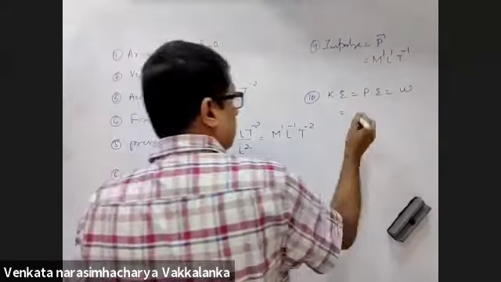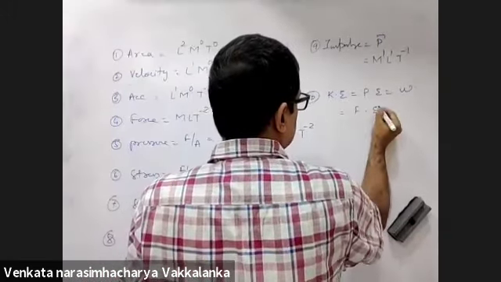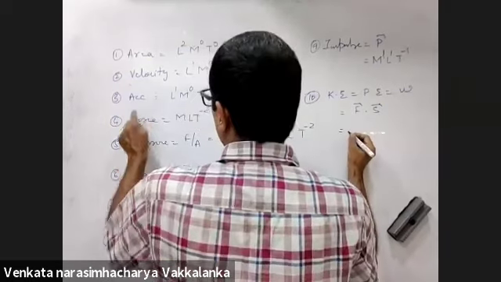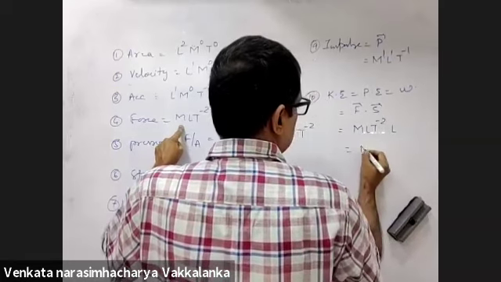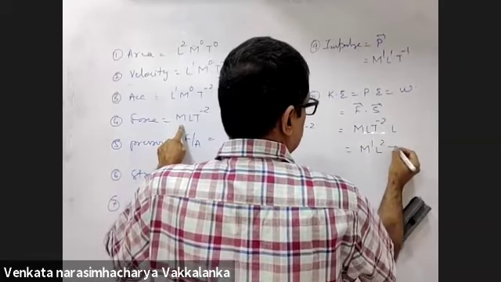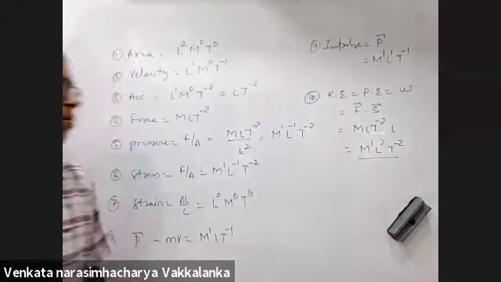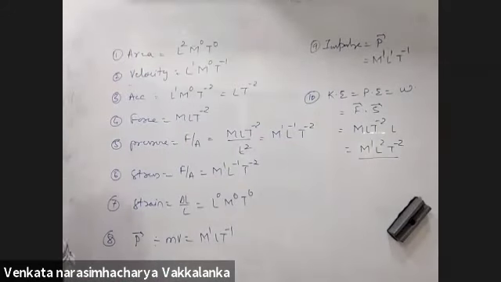All will have the same dimensions. Force dot displacement. Force you know, M L T to the power minus 2, so M to the power 1, L to the power 2, T to the power minus 2. Something very silly, but important. We'll need it for the problems that we will discuss now.